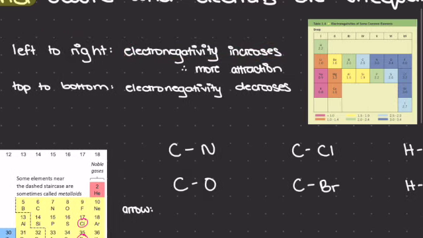Can we see that here? Yes, see? I'm going from here to here. We started at 1, we went to 4. We started at 0.9, we went to 3.2, 0.8, 3. Right? So we just fact-checked that. My second trend is that when I'm going from top to bottom, my electronegativity is decreasing. Now let's see if that's true.